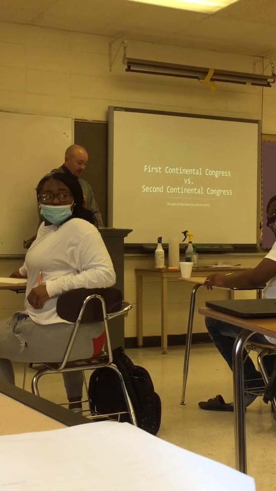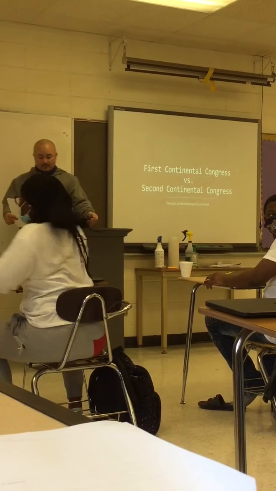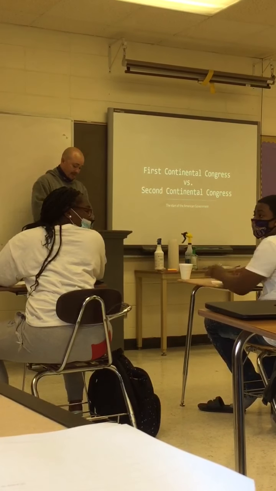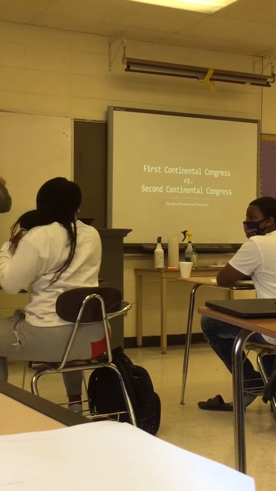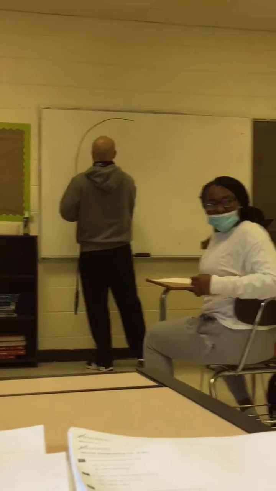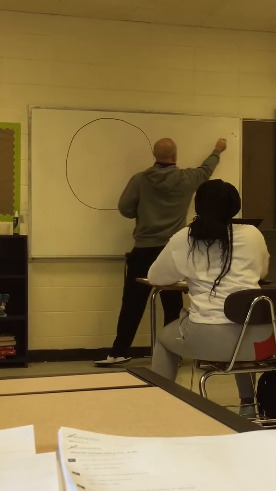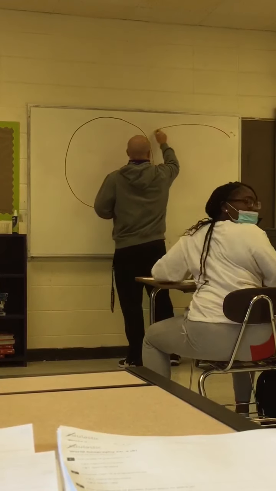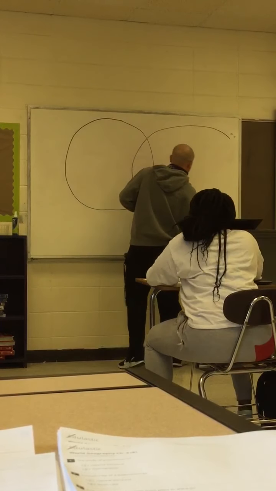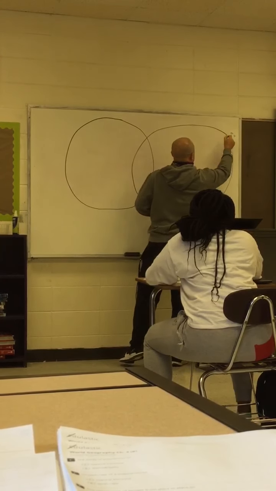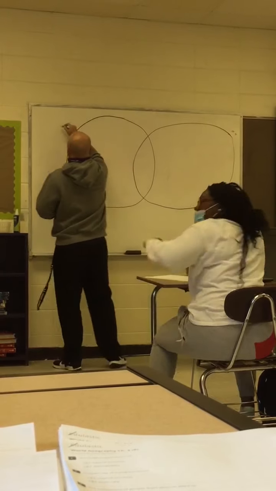Alright, so what I'm going to do is go ahead and draw mine. Alright, on y'all's first circle above it, you're going to put, I'm going to draw mine over here.